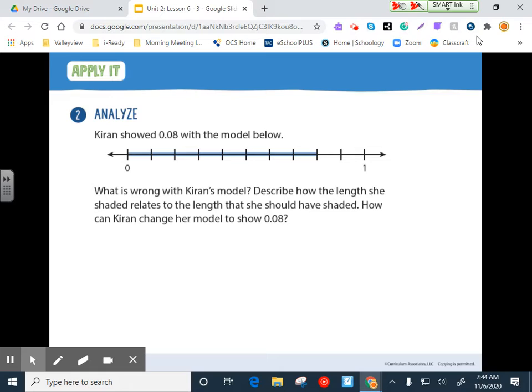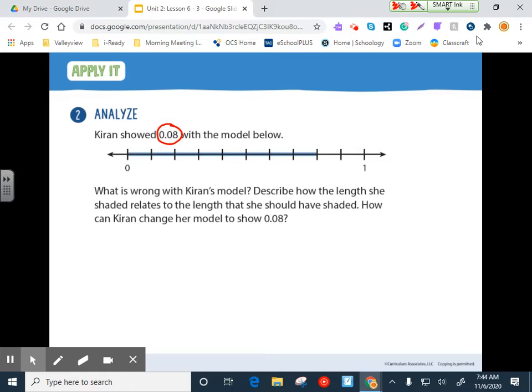All right, for this one, Kieran showed 800ths, this value right here, with the model below. What's wrong with Kieran's model? Well, if we look at this, notice how none of these little lines are actually marked off with anything.